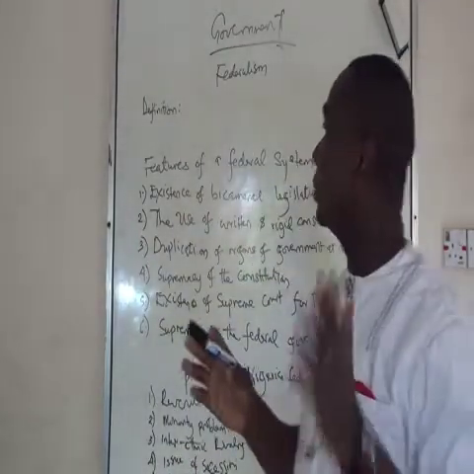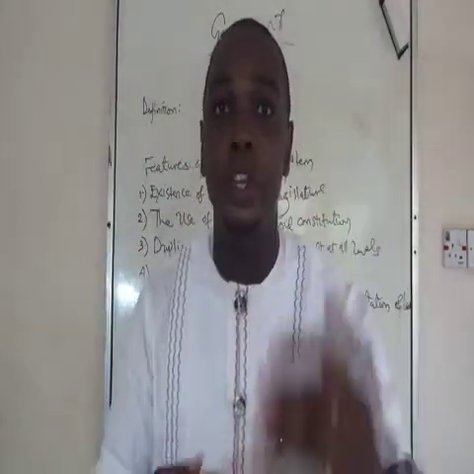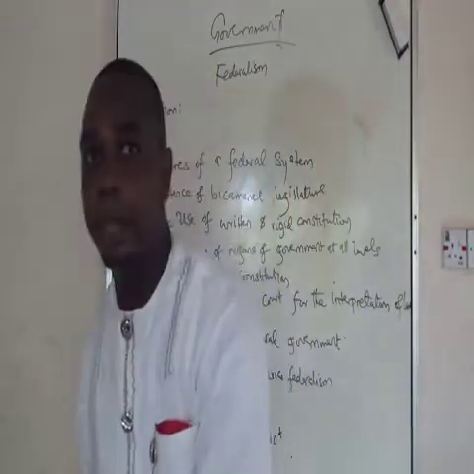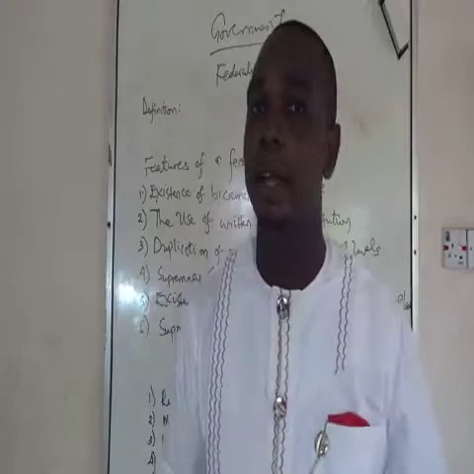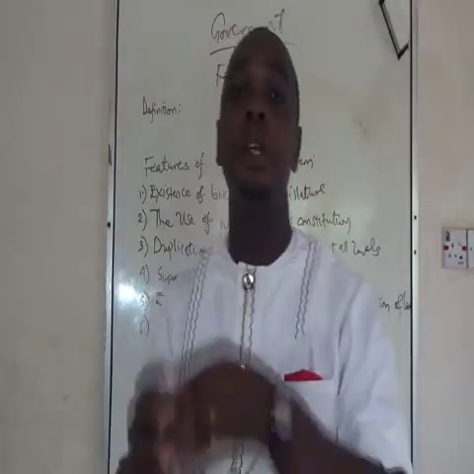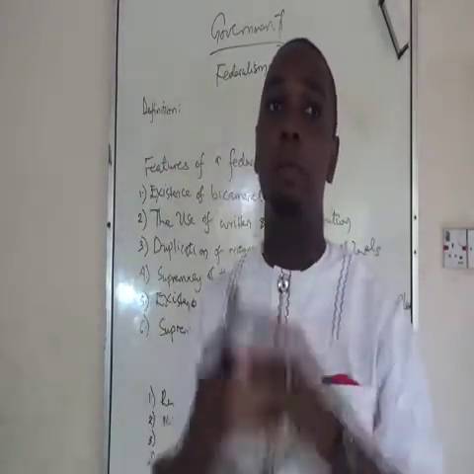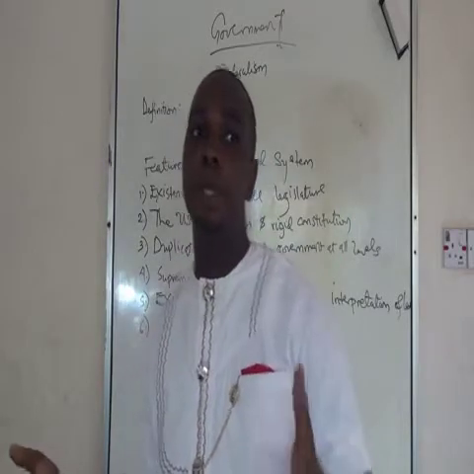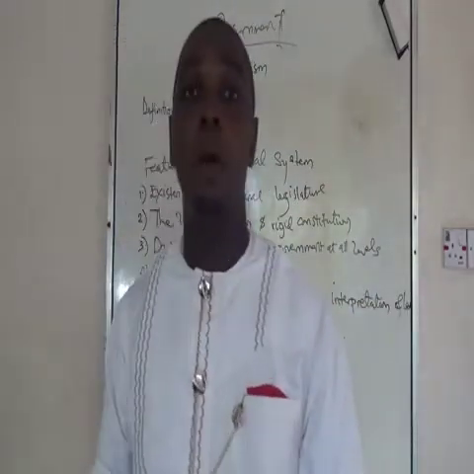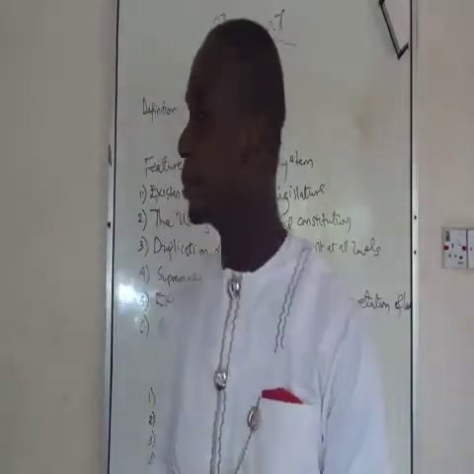As I said earlier, the definition for federalism is a situation whereby governmental constitutional powers are shared between the central government, which is usually the Federal Capital Territory, and then the regional or component units. The regional and component units here, in the case of Nigeria, will be Akwa Ibom, Cross River State, and so on and so forth.